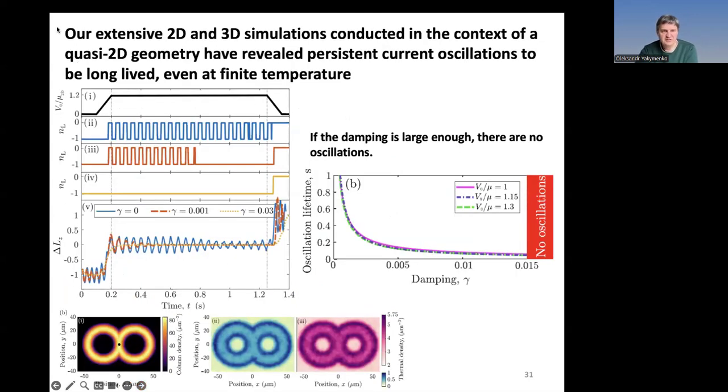So this was done in this work, and what is interesting is that, again, this gives us the same result with different models. These are the results of, for example, the Griffin model. So this is the condensate and thermal atom distribution.